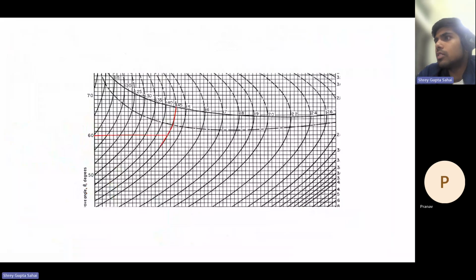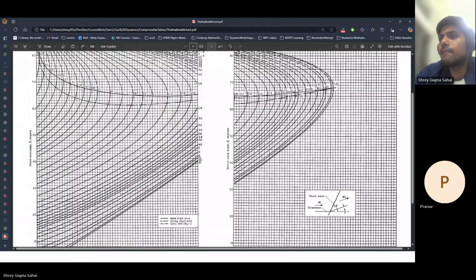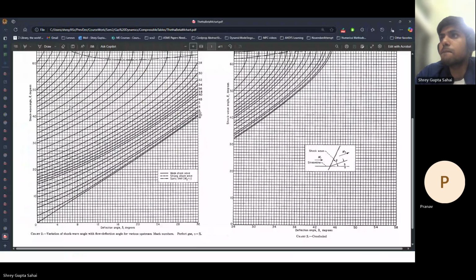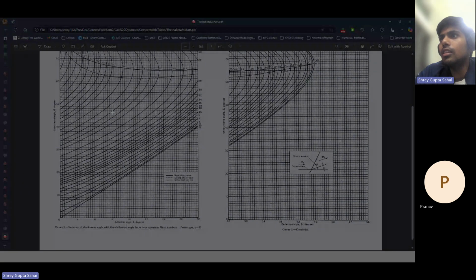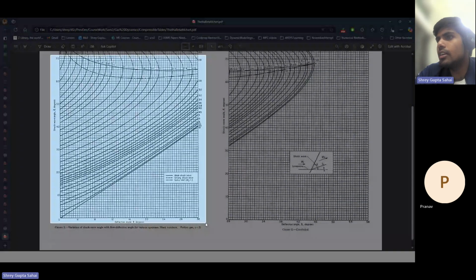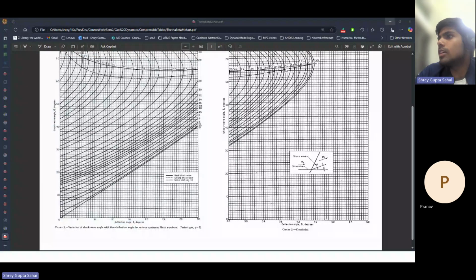I don't know what value this is, so I have to copy paste something bigger. Do you know what deflection angle this is? Because we'll need the deflection angle to solve things.